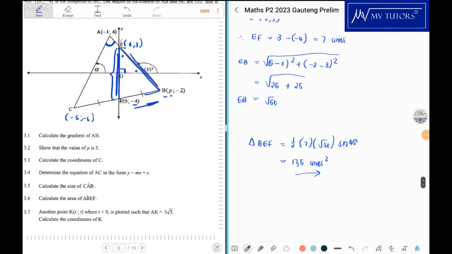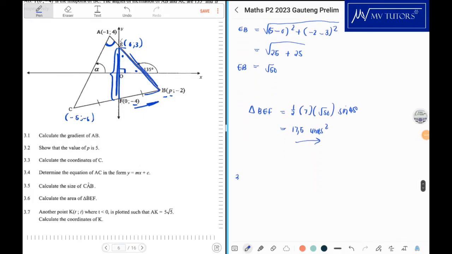Alright, so we've arrived at the last question, 3.7. Thank you for bearing with me. Another point K, which has coordinates (t, t), where t is less than 0. So if t is less than 0, we are basically looking at the third quadrant where both x and y are negative.